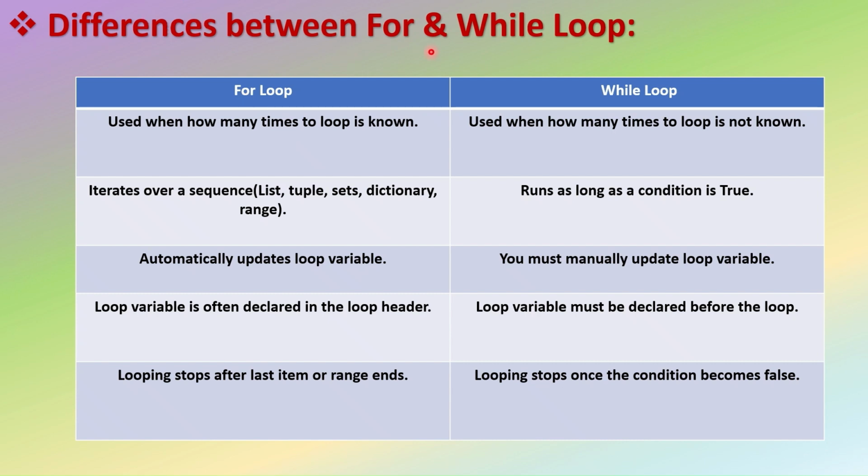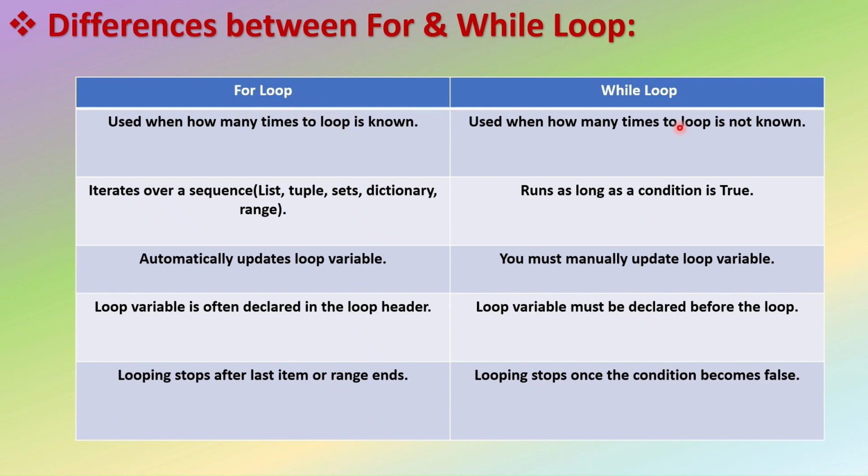Now let's see the differences between for and while loop. So if in advance, if we know how many times that we want to execute the set of statements, then we can make use of for loop. Or if we want to iterate for each and every item that is present in sequence, then we can go for for loop.